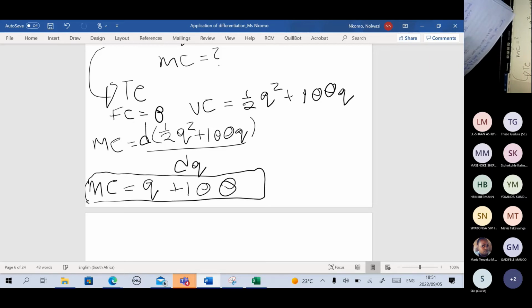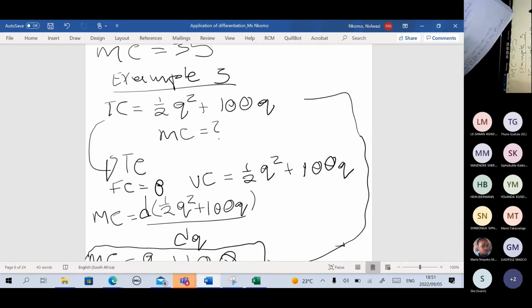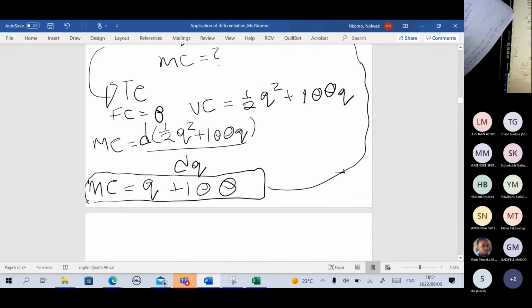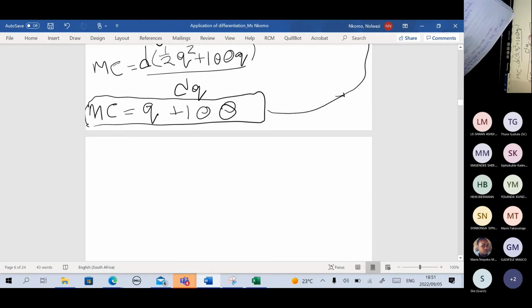If we are given that the total cost is this, let's say we are told that the output Q is 10. The demand is 10. What does that mean?